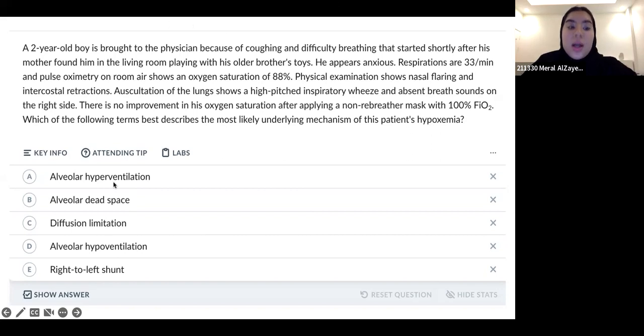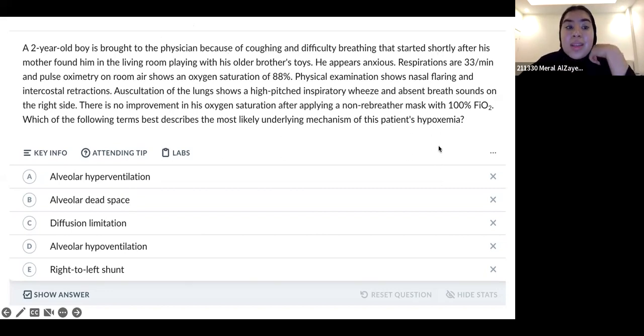Okay, so the right answer is E, right to left shunt. Let's take this question piece by piece. First, we have a 2-year-old boy who came in because of coughing and difficulty breathing.